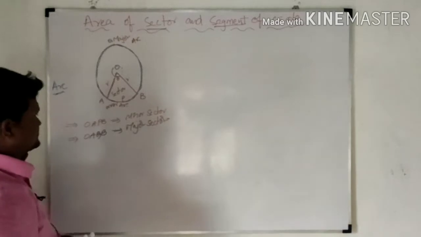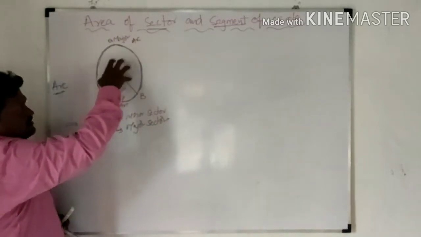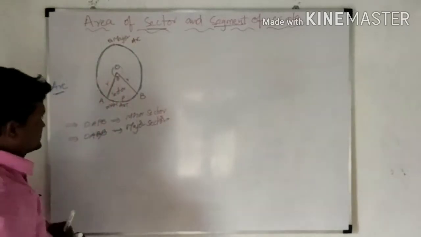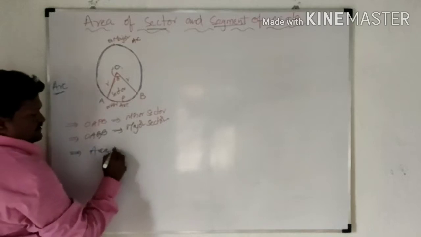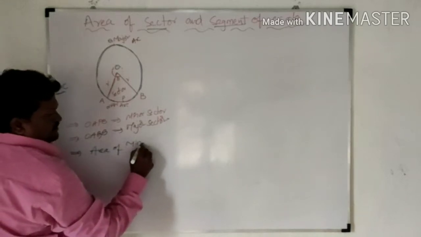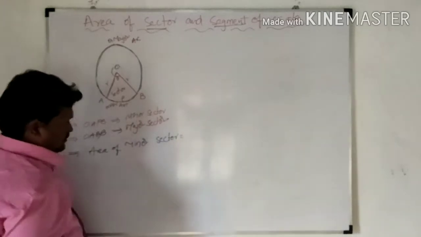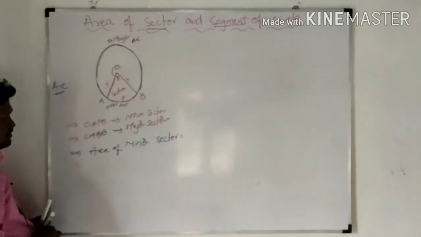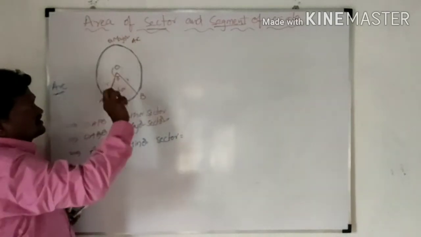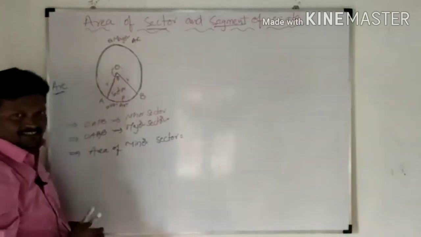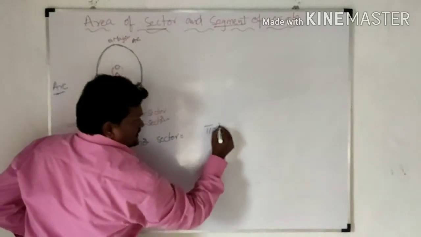Okay, now let us see how to find the area of this minor sector and major sector. See that here the area of the minor sector is equal to, so the area of the minor sector is also some portion of the area of the circle. Okay, so this is some part of the area of the circle.